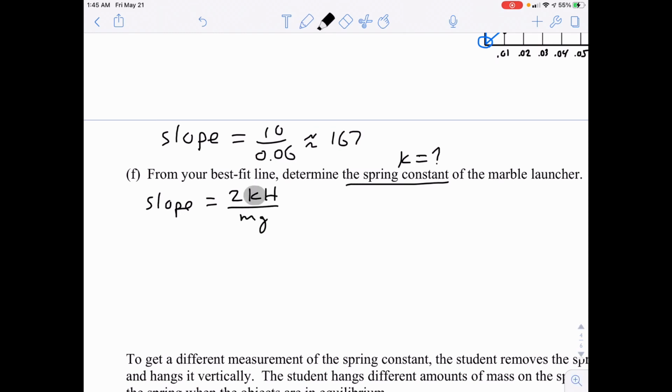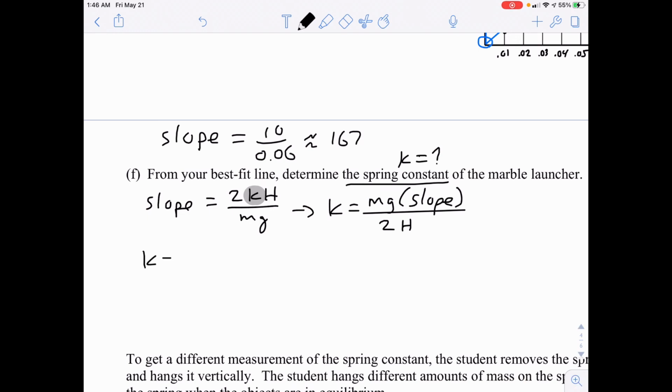Well, we have to multiply by mg and divide by 2h. So essentially k would be equal to mg times whatever your slope is, which in this case is 167, over 2h. And then we're just going to plug that in.